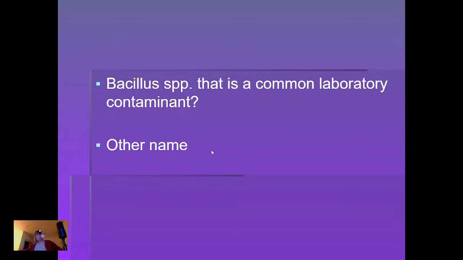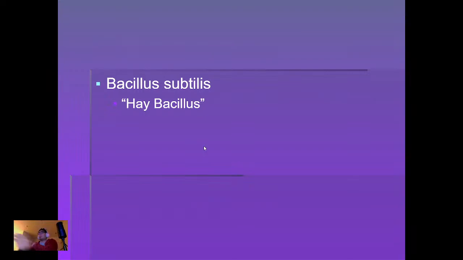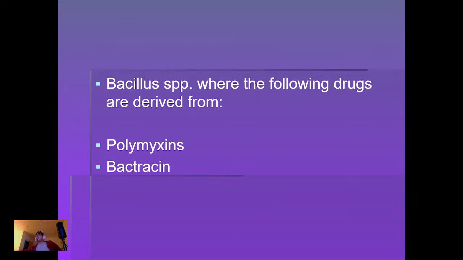Next, let's move on to the common laboratory contaminant. The Bacillus that is a common laboratory contaminant is Bacillus subtilis, also known as hay bacillus. And then, the Bacillus that the following drugs are derived from: polymyxin is from Bacillus polymyxa, while bacitracin comes from Bacillus licheniformis.